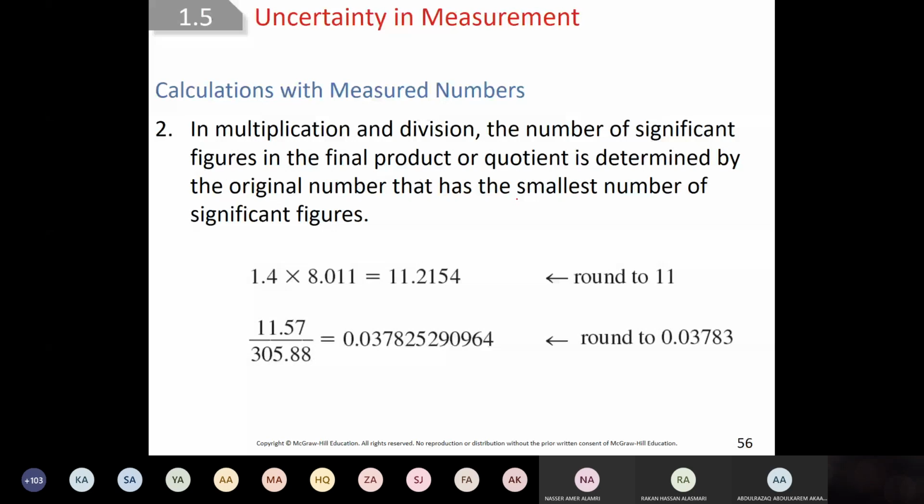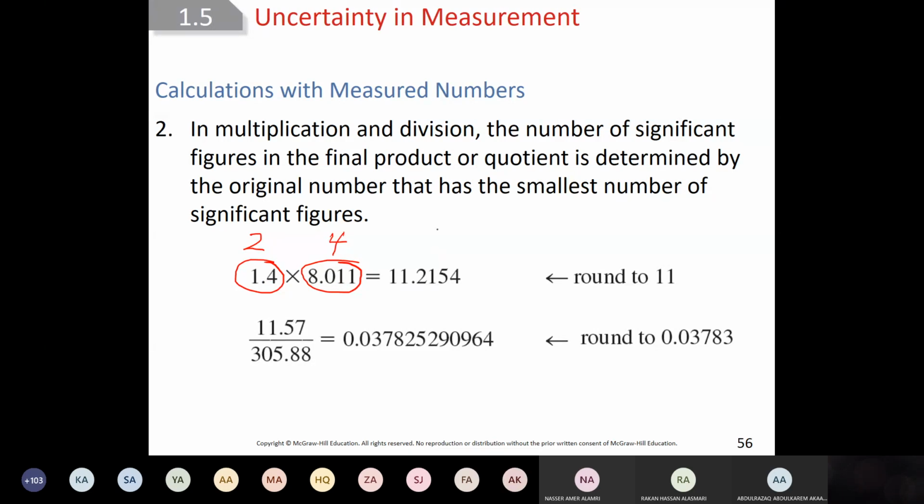But for multiplication, things are different. Go ahead and count how many significant figures you have here. 2. How many significant figures here? 4. Your answer should have the same number as the least. Look, we are counting the whole significant figures, not part, the whole thing.